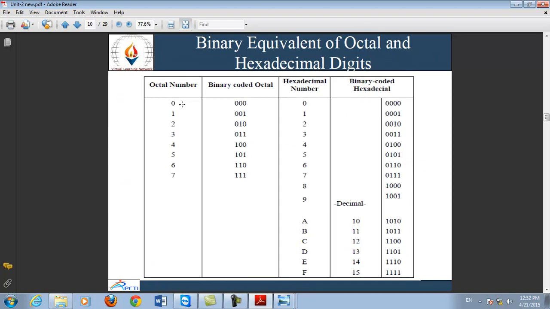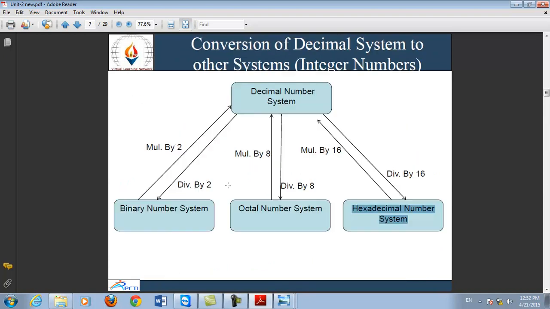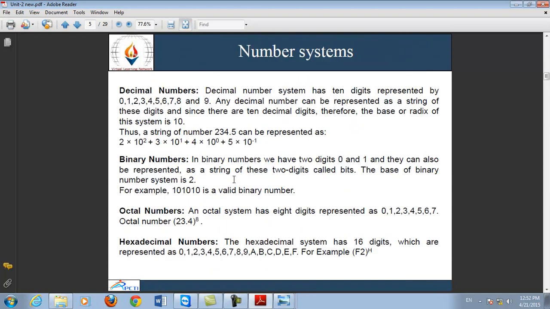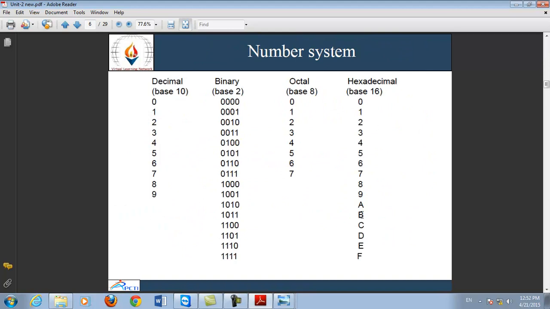See, this is the octal number. As we saw in the previous table, there are kinds of number systems: binary, decimal, octal, hexadecimal. Now, in this we will not talk about the decimal number system. We will only talk about binary, octal, and hexadecimal. If you want to find out the binary equivalent of an octal number, then for 1, you can take the group of 3 bits, that is 001 for 1.